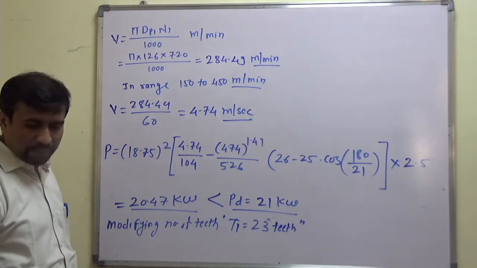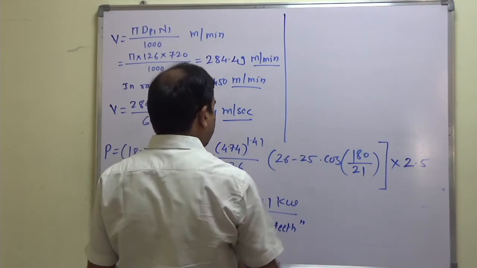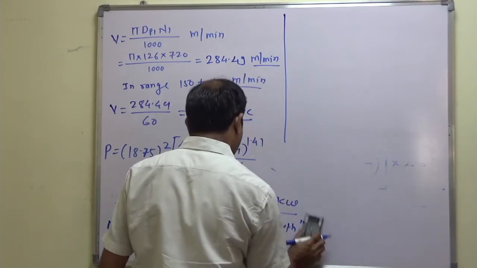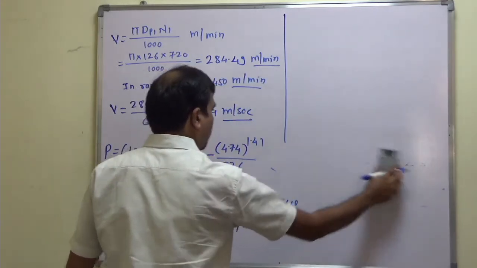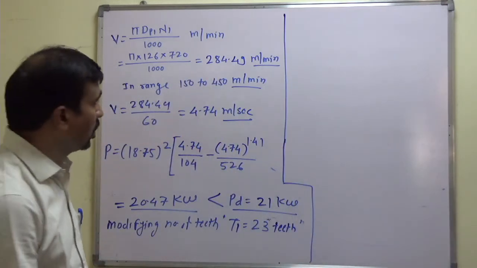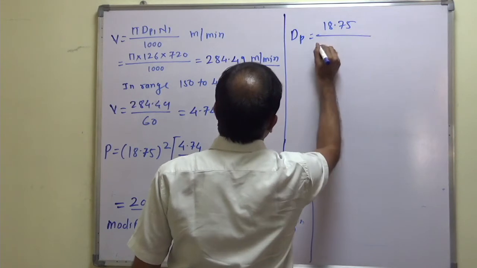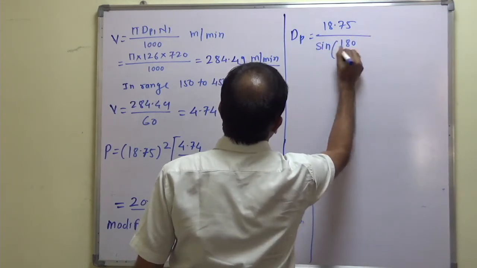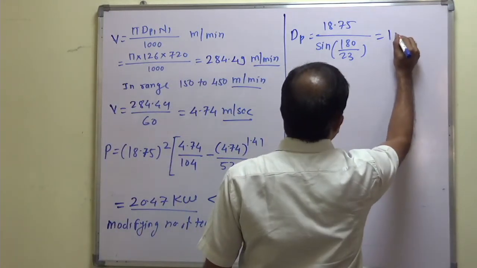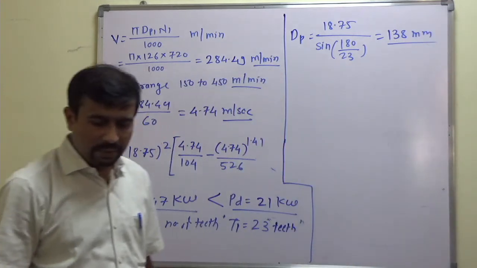So dP is equal to 18.75 divided by sine 180 divided by 23, and this comes out to be approximately 138 mm, rounded value.